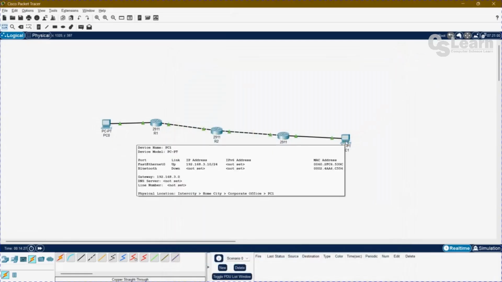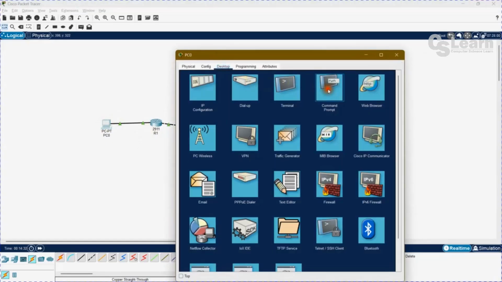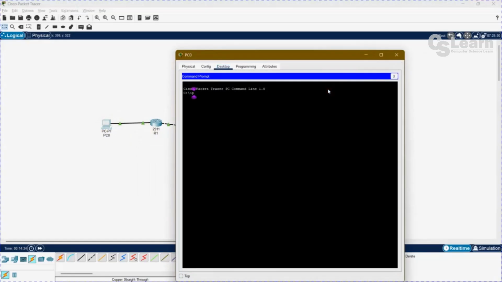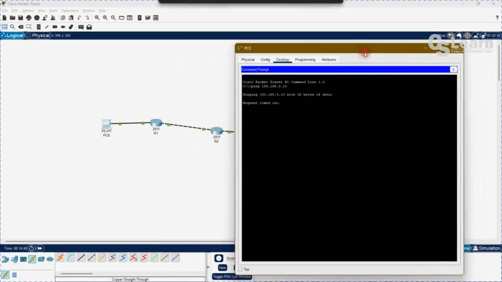The IP address of PC1 is 192.168.3.10. Okay, command prompt, ping 192.168.3.10. It takes some time because it needs to connect through multiple routers together. Okay, that's why it takes some amount of time. Wait.